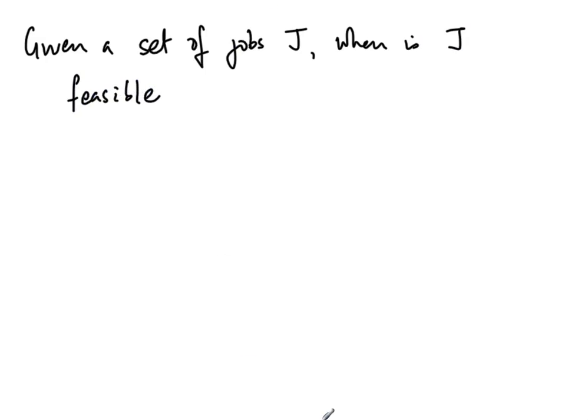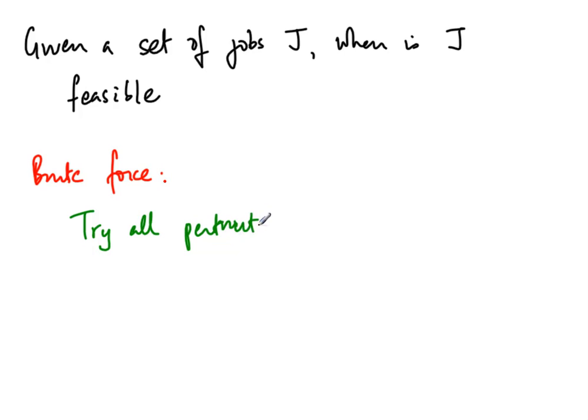Now, there would be, of course, a brute force approach to this which will work, which is to try all permutations. Every feasible schedule is some permutation. So we try all permutations and check for each permutation whether each job is within its deadline, but clearly this is a highly inefficient thing.